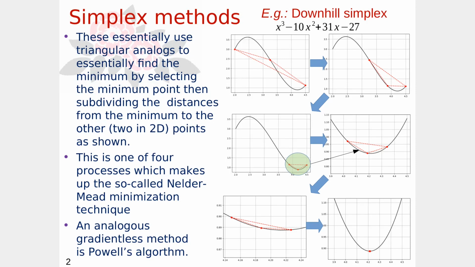This is because the gradient which we've just been talking about, the gradient vector of the function, is not computed at any point with these algorithms. Estimations are used, or very, very educated guesses, as in this example, are used instead.